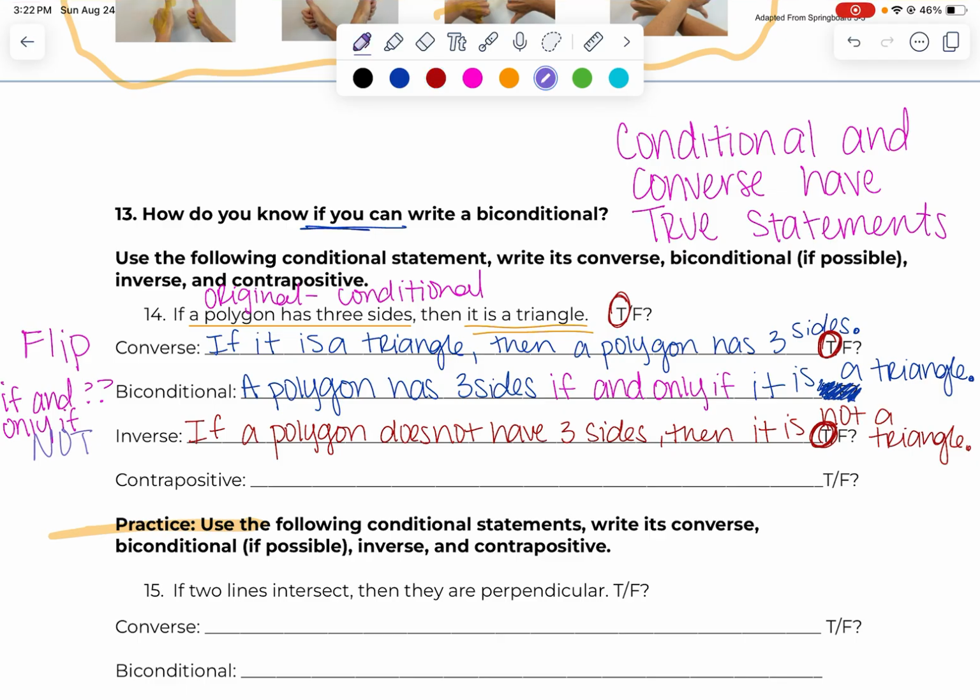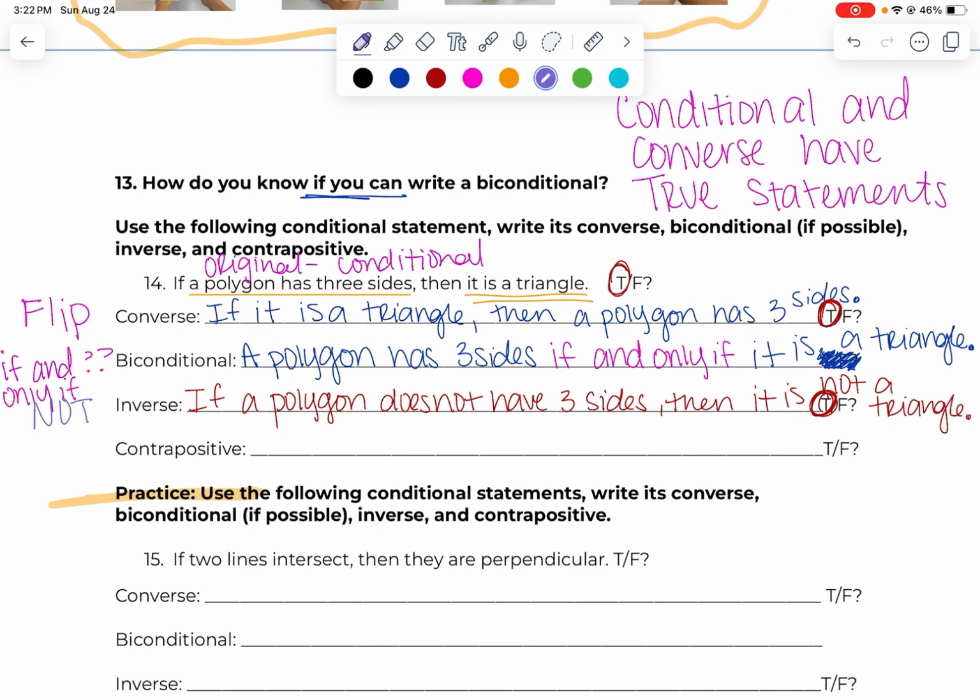All right, and our last one, contrapositive. Remember, contrapositive has 2 steps. You not and you flip. Okay, so the conclusion's gonna go first. Hypothesis will go second. So if we're going to put the word not in the conclusion. It is not a triangle. Then we're going to add the word not to the hypothesis.